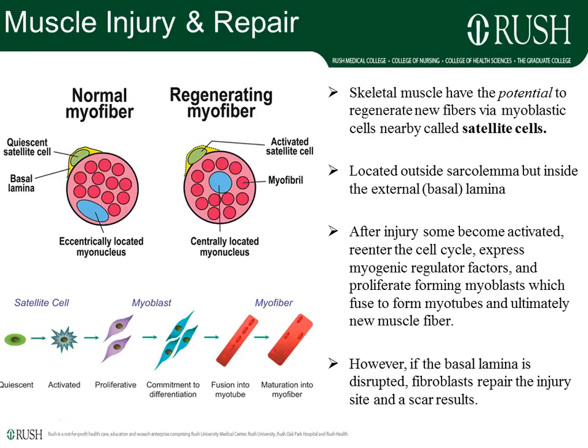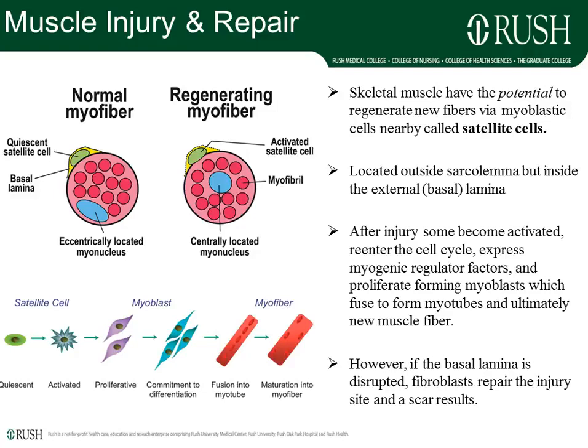Skeletal muscle does, in fact, have some potential to regenerate new fibers. There are specific myoblastic cells called satellite cells, which are located outside the sarcolemma of muscle fibers, but they are contained within the basal lamina. Every muscle cell is, in effect, encircled by a basal lamina called an external lamina in the case of muscle.